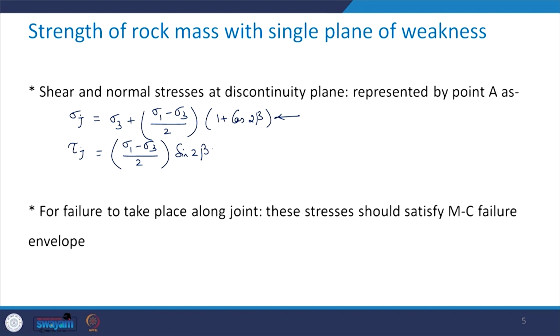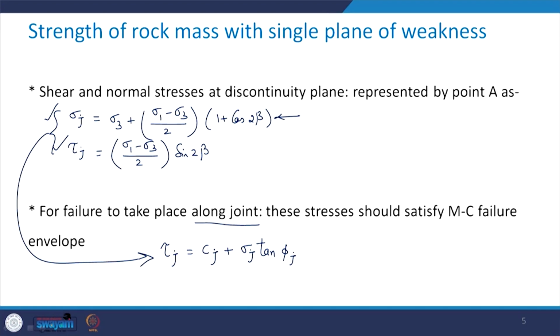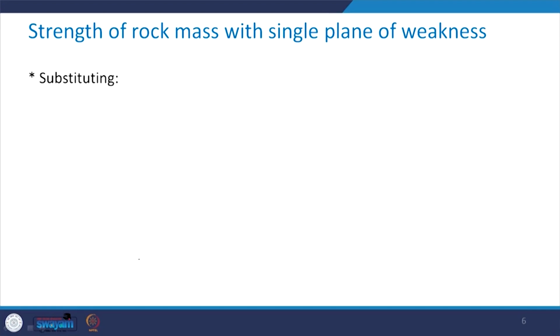For the failure to take place along the joint, these two stresses should satisfy the Mohr-Coulomb failure envelope, which is given as tau j equal to Cj plus sigma j tan of phi j. We just saw it in the previous slide. Now, I will substitute these two values in this expression and see how it looks.